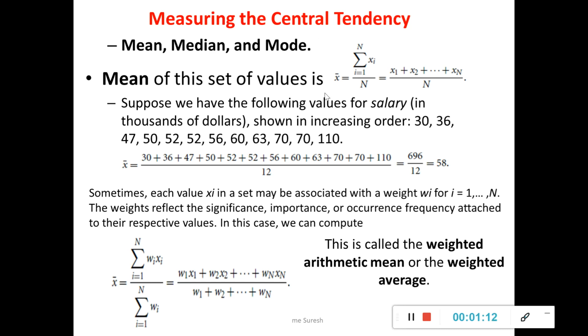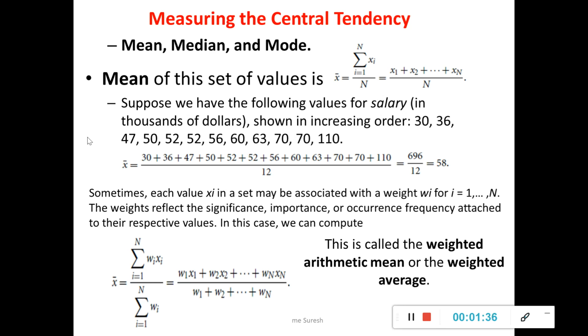Now we'll discuss those measures in detail, and I think these mean, median and mode you might have studied in your basic mathematics, wherein mean is the average value for all the given instances in the data set. Say for example, in this case I have taken the salary of the employees in an organization varying from 30k to 110k, and what is the average?